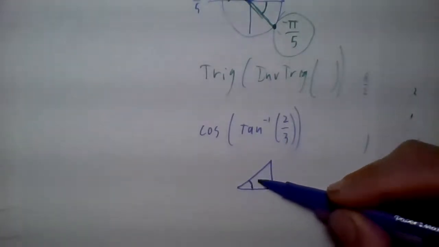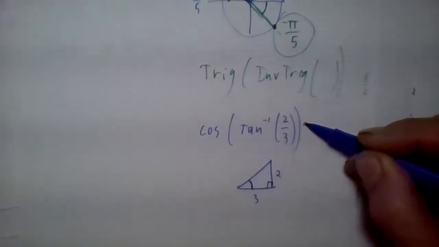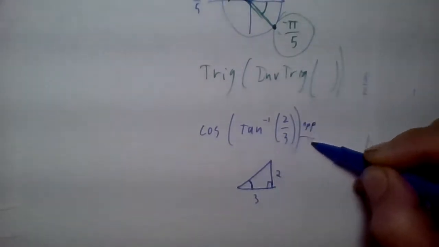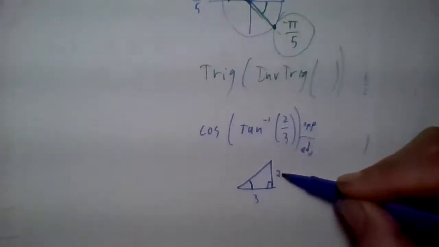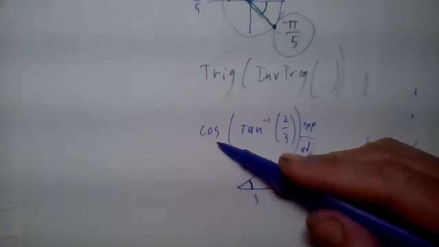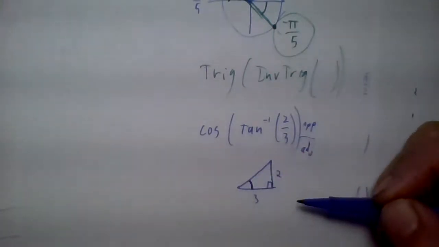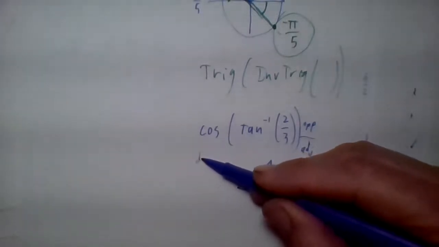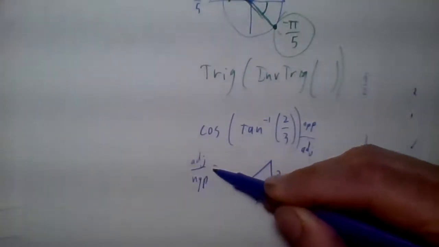The tangent of this angle is equal to 2/3. That's opposite over adjacent. So your regular SOHCAHTOA stuff can help set that up. This is the angle that we're talking about. So the cosine of this angle would be adjacent over hypotenuse. And that's going to be my answer to this: what is adjacent over hypotenuse for this one.